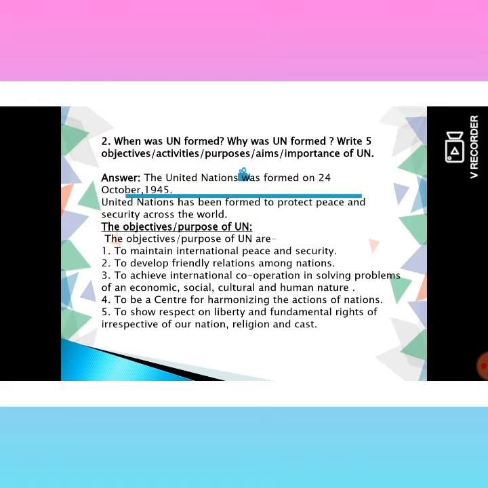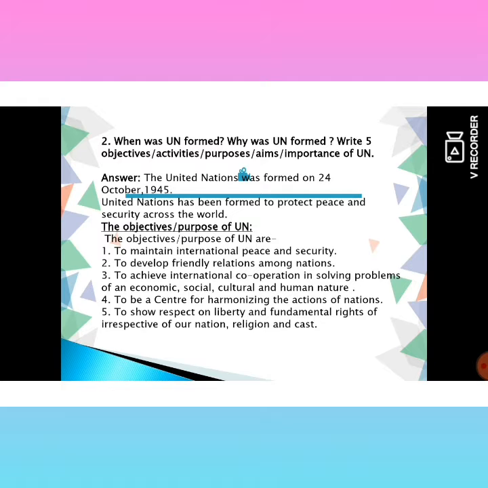Number 3, to achieve international cooperation in solving problems of an economic, social, cultural, and human nature. And number 4, to be a center of harmonizing the actions of nations.